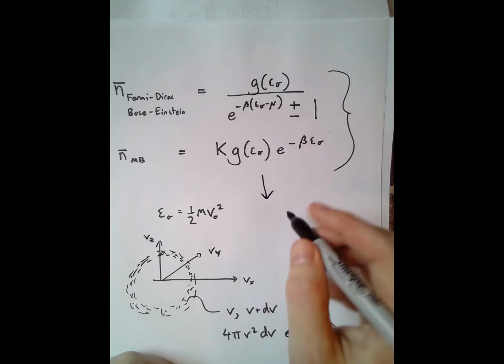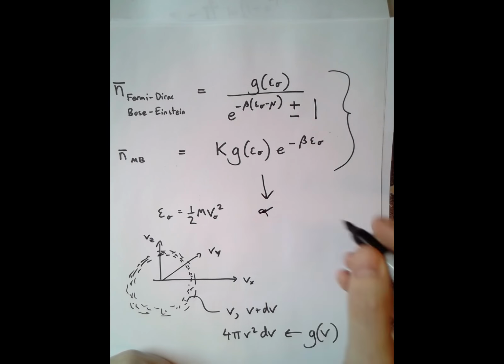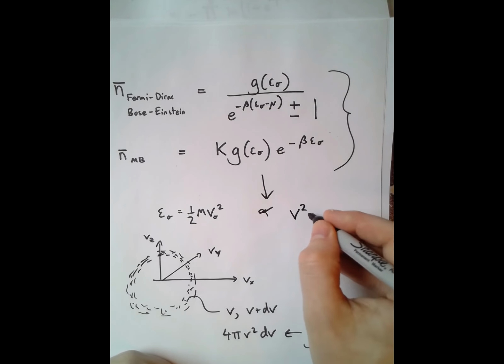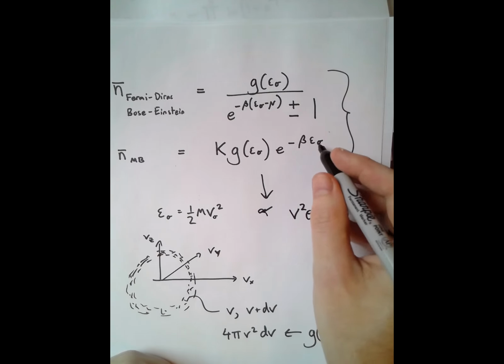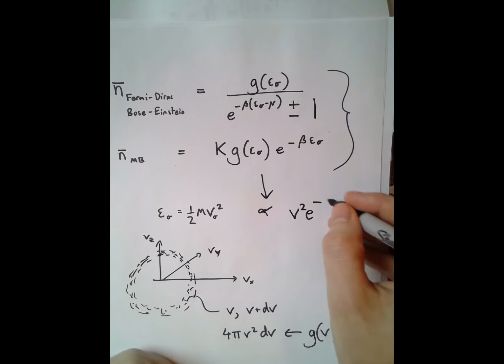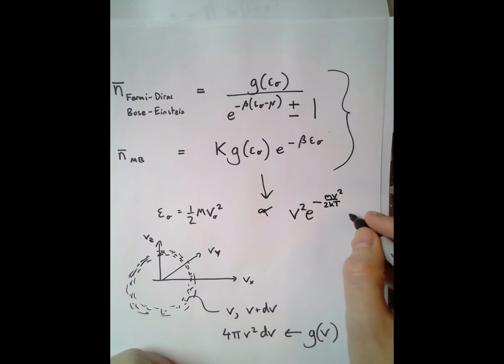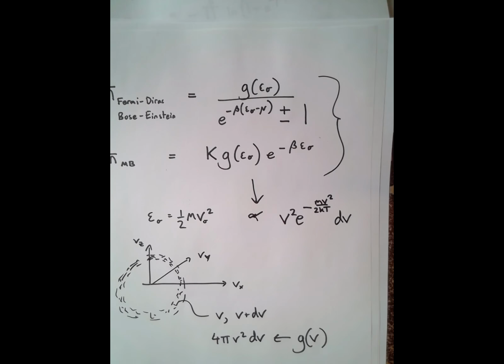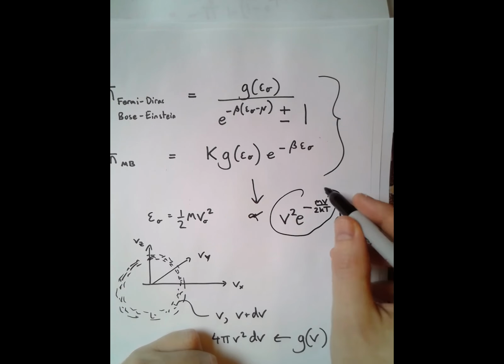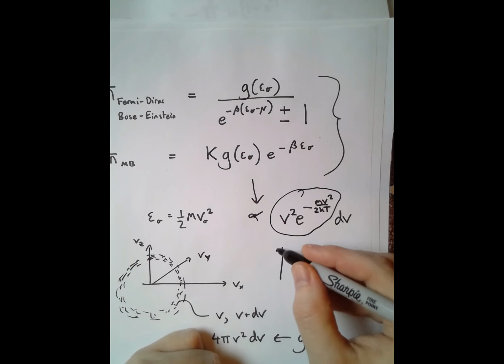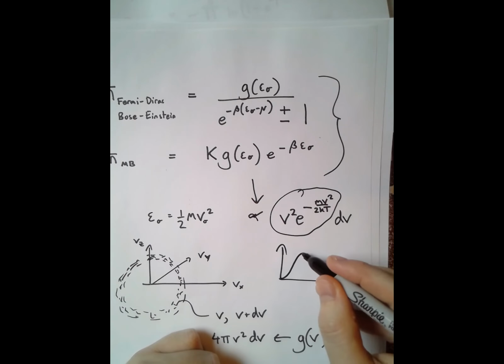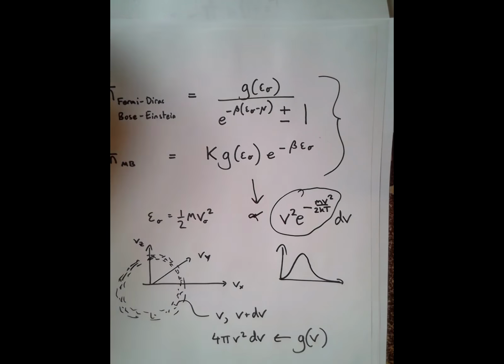So that turns our Maxwell-Boltzmann distribution into something proportional to v squared, e to the minus, beta is 1 over kT, so we can write this as mv squared over 2kT, dv. And this thing here is our more familiar Maxwell-Boltzmann distribution function of velocities in an ideal gas.